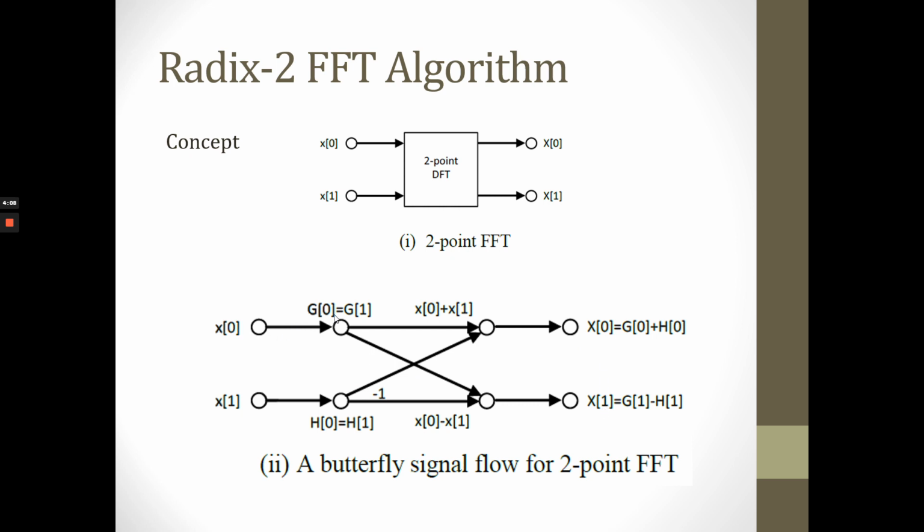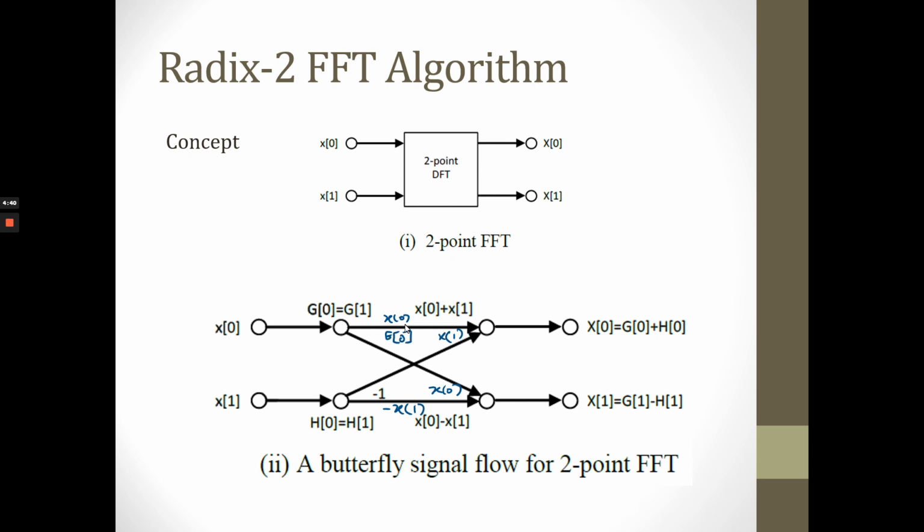For X0, since g0 equal to g1, this is X0, and from this node, this is also X0. And from this node X1, for this part, since it has negative 1 gain, you should multiply this signal X1 with this gain negative 1, so it becomes negative X1.